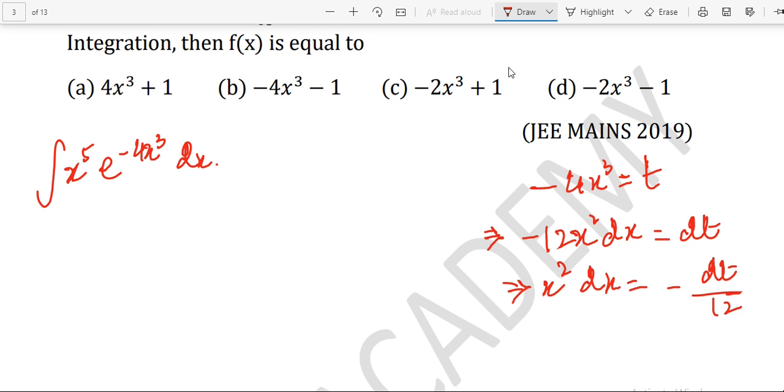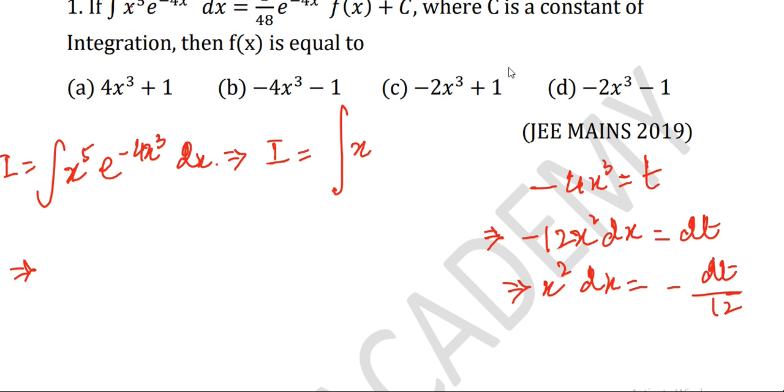So let this be I. So we can also write I as x square multiplied by x cube. So this is x to the power 5 multiplied by e to the power minus 4x cube dx.